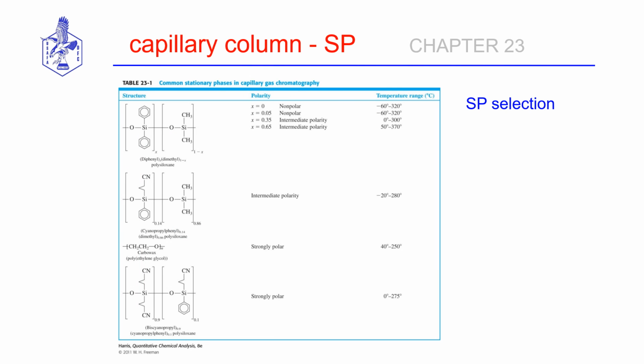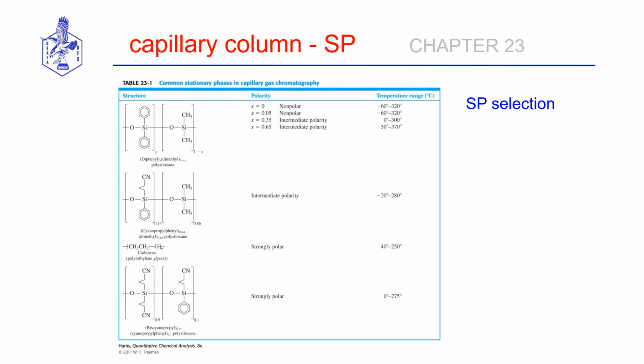In terms of stationary phase materials, we're looking at the most common selected types of stationary phases that are purchased with capillary columns. They're polymers that have been chemically bonded to a silica surface.